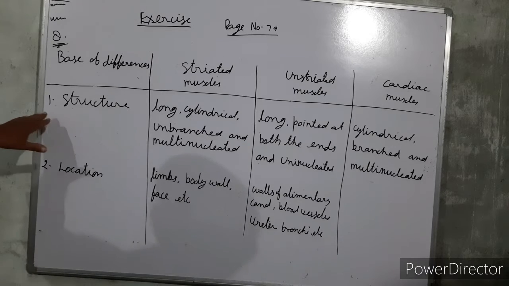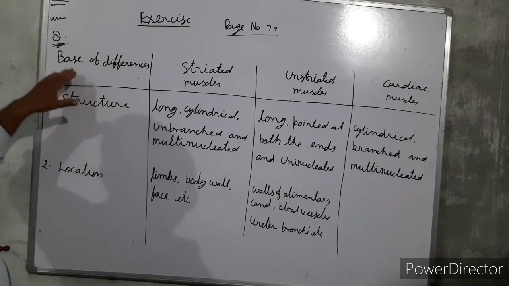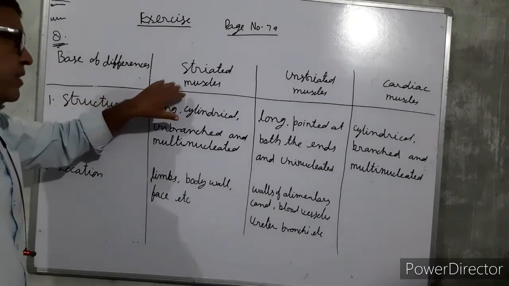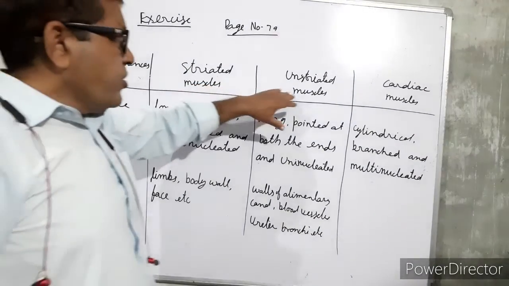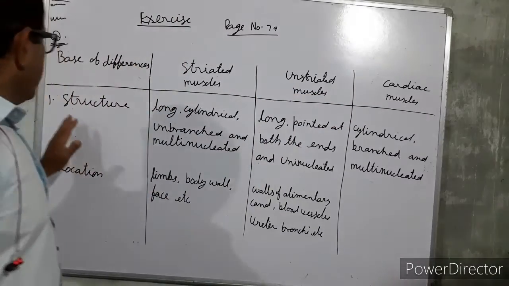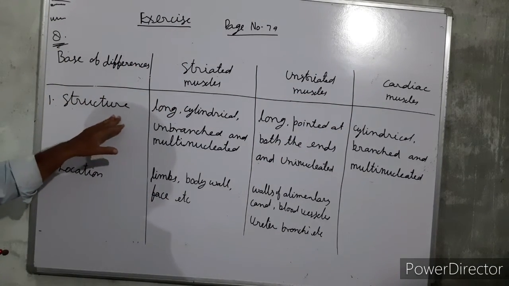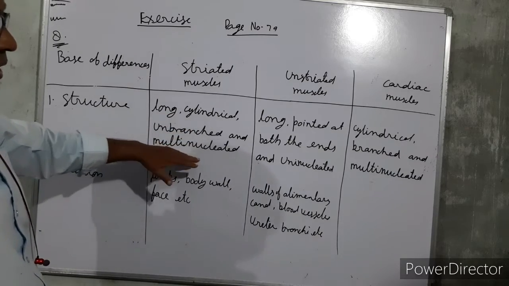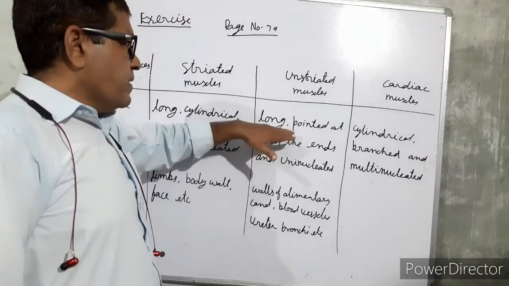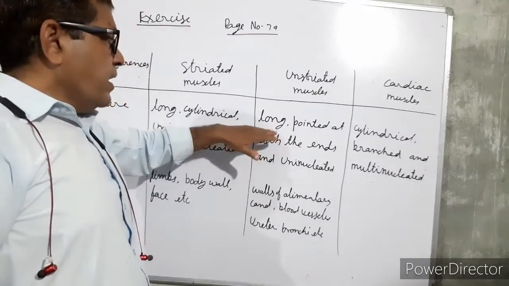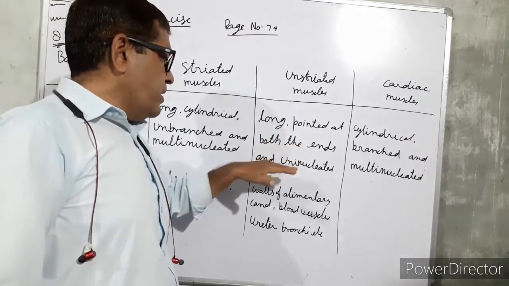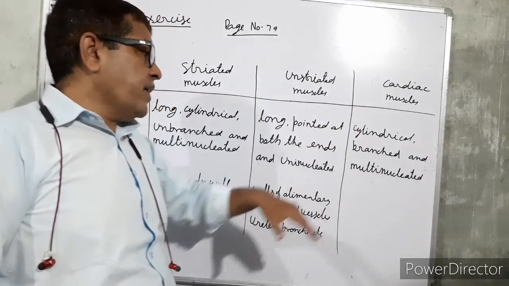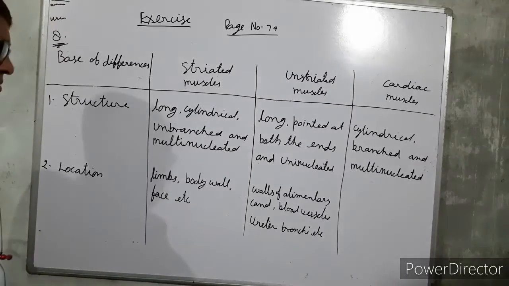Make three columns: the basis of difference, striated muscles, unstriated muscles and cardiac muscles. First, structure. Striated muscles are long, cylindrical, unbranched and multinucleated. Unstriated muscles are long, pointed at both ends and uninucleated. Cardiac muscles are cylindrical, branched and multinucleated.